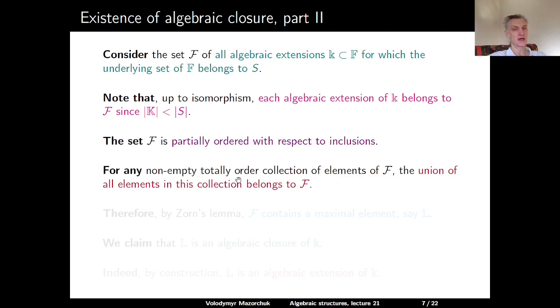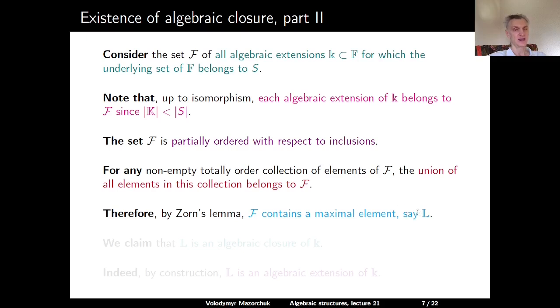And for any non-empty totally ordered collection of elements of F, the union of all elements in this collection clearly belongs to F. Therefore, by Zorn's lemma, our set F contains a maximal element.